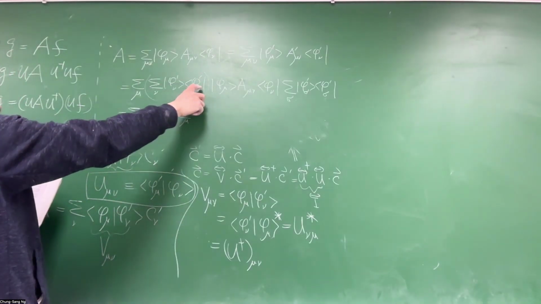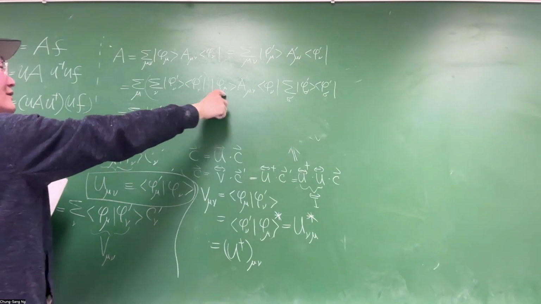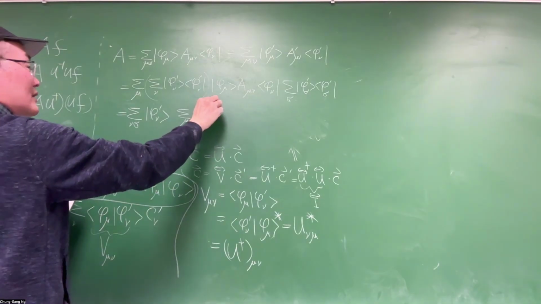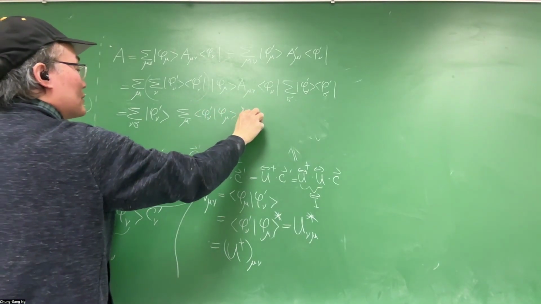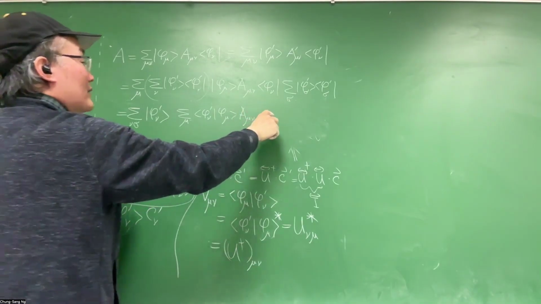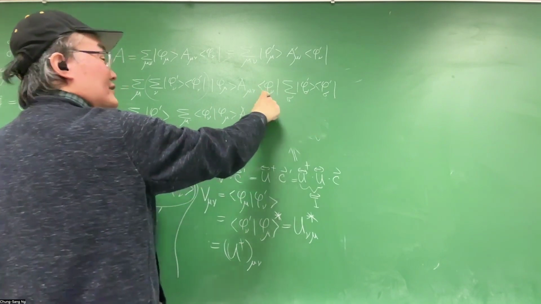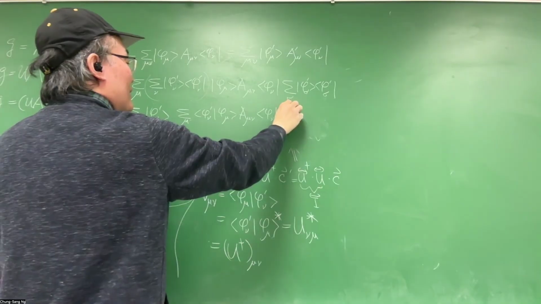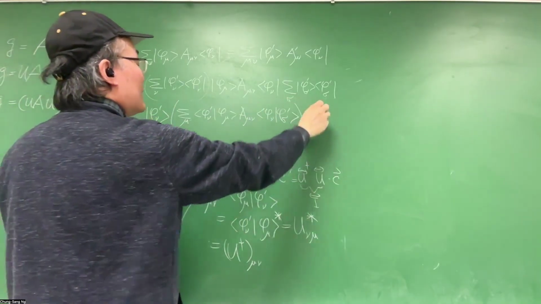Now you are doing this trick, removing this part of the bracket and regarding this as a scalar product, and doing the same for the other one, so that it becomes a scalar product.